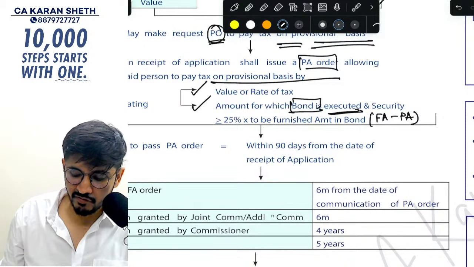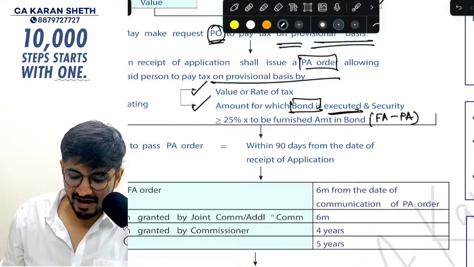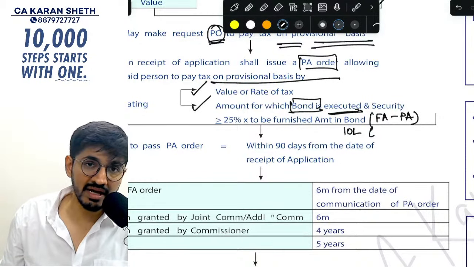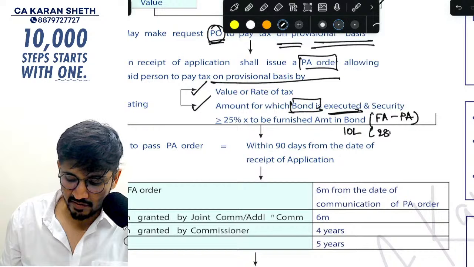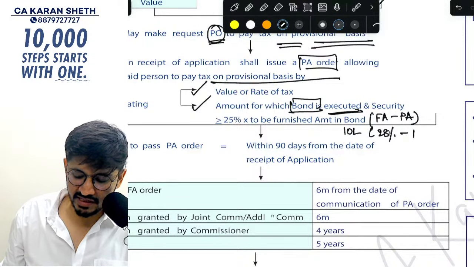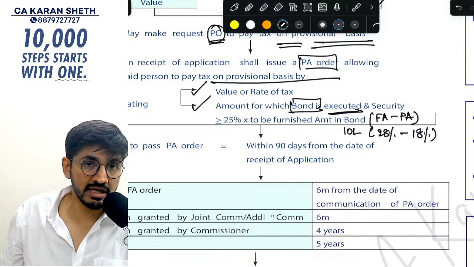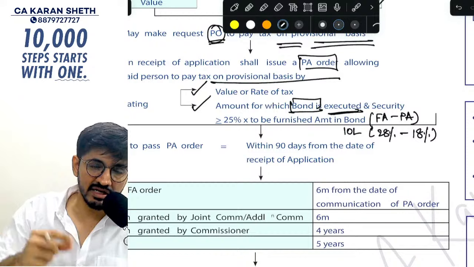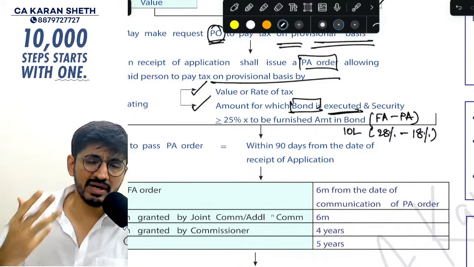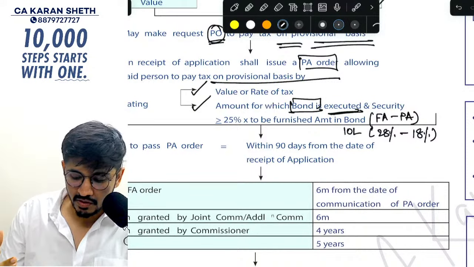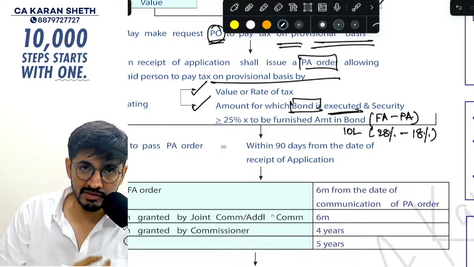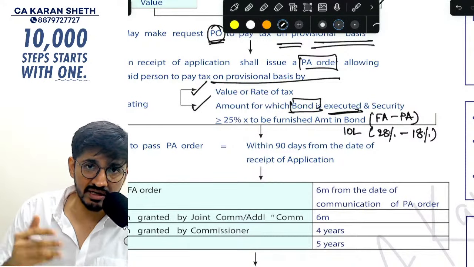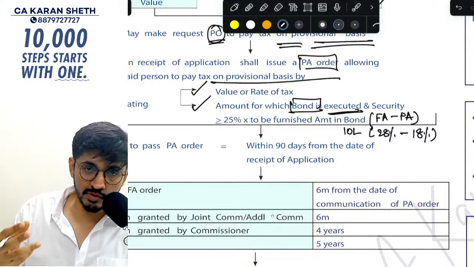So for example, if the value of supply is sorted that it is 10 lakhs, but the rate has confusion, let's say final is 28% and provisionally it was 18, because the rate issue is 18 or 28, what is the rate applicable to you? So in provisional assessment it was assessed at 18, but in final assessment it is assessed at a higher rate, that is 28.